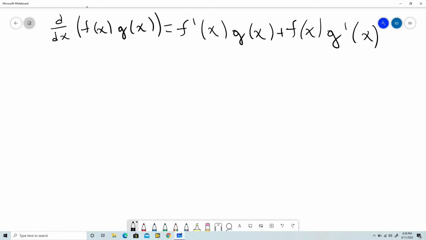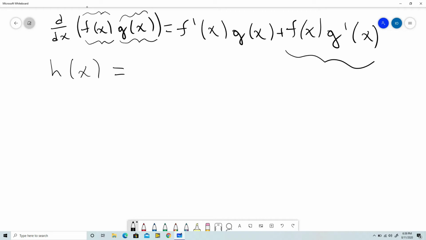Now, all this really means is that we're taking the derivative of the first function, multiplying it by the second function, and then in the second term, we're doing the reverse. We're leaving f of x how it is, and we're finding the derivative of g of x instead, the second function.